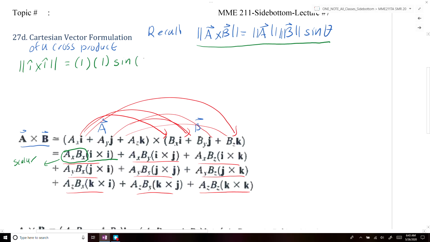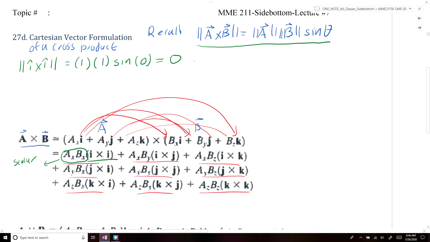Since the unit vector i goes along the x-axis, and so does the other unit vector i, the angle between them would be equal to 0 degrees. So sine of 0 degrees is equal to 0.